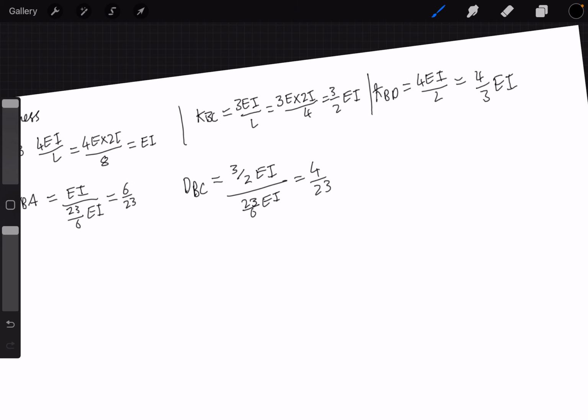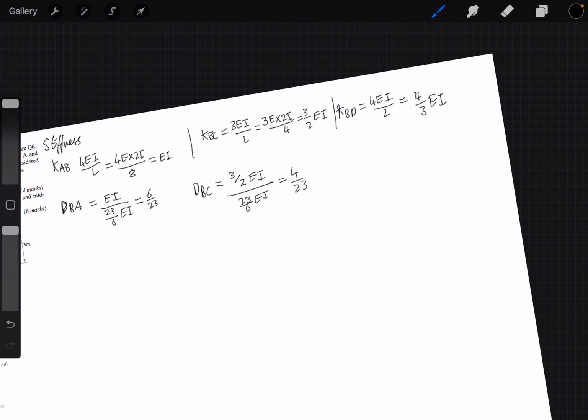And obviously all the distribution factors add up to 1, so you can just find the final one by DBD is 1 minus 6 over 23 negative... Wait, no, sorry, I've done that wrong. Let's just do it originally how it's done, just to make sure that it is correct. Okay, so there we go. We have all the distribution factors.